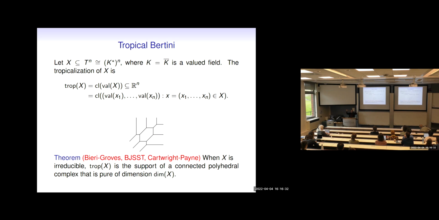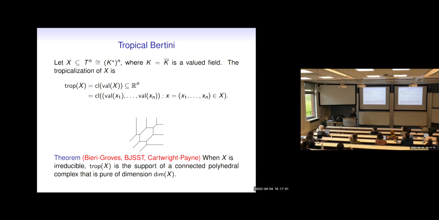I'm assuming I've chosen coordinates, so a point in my variety has coordinates x1 up to xn. I apply my valuation. If it was, for example, the Poisson series we had earlier, that would just be remembering the lowest exponent that showed up. And I get a bunch of points in R to the n, and I take the closure of all of those points in the usual Euclidean topology on R to the n.